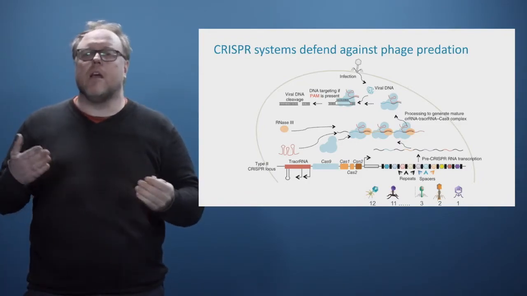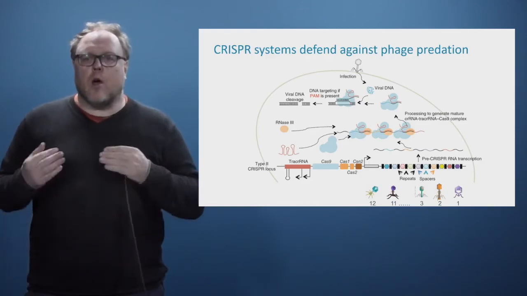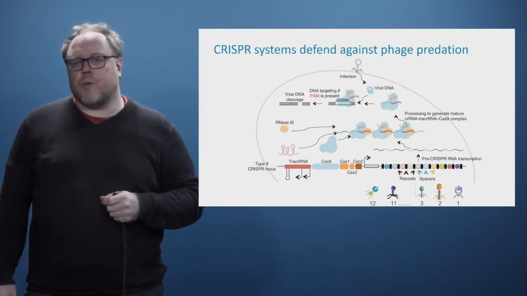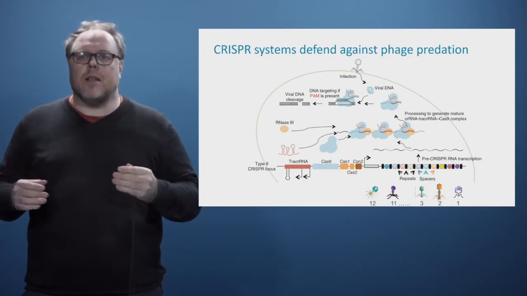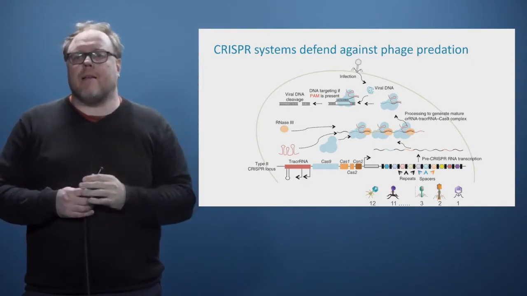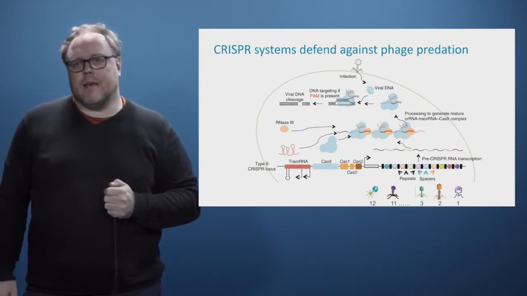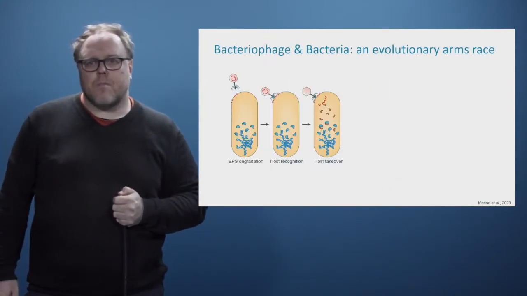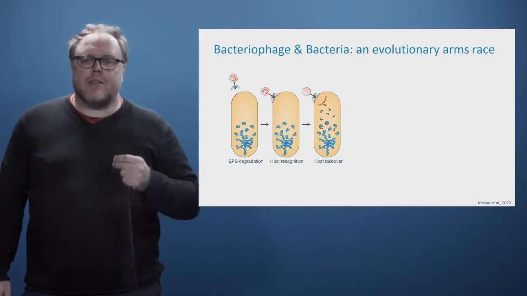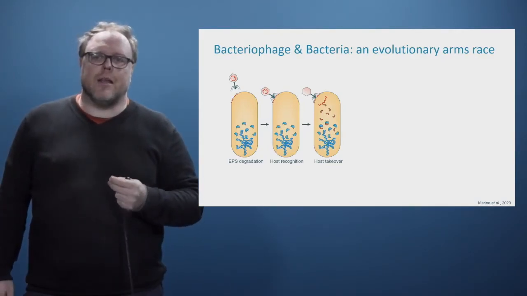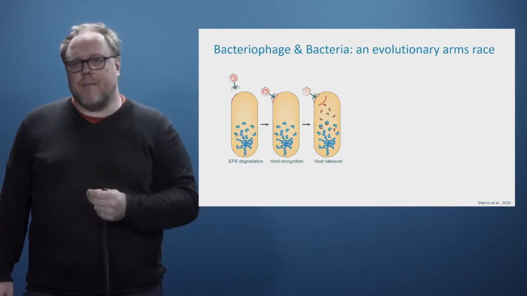In rare events, those sequences become integrated into that CRISPR region and therefore offer immunity protection if progeny bacteria are infected by these bacteriophages. This is, of course, important, and it also illustrates the close interaction between bacteriophages and bacteria.